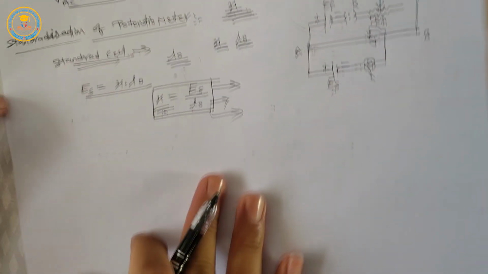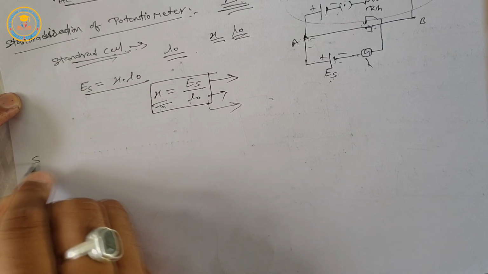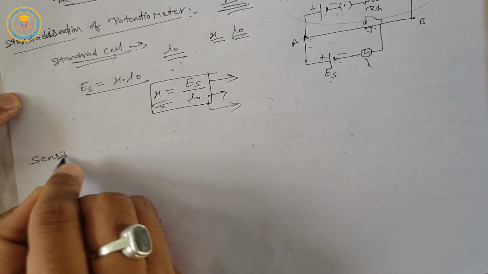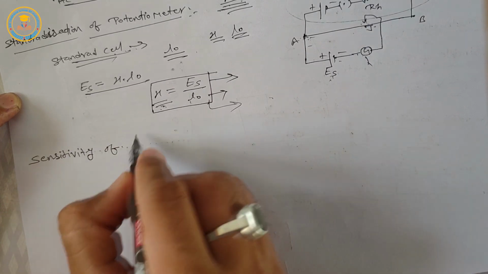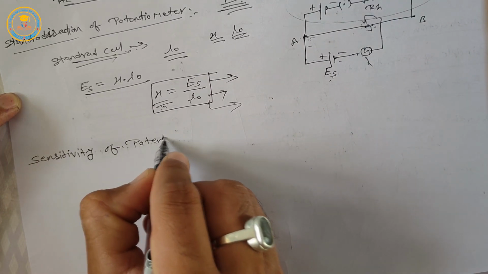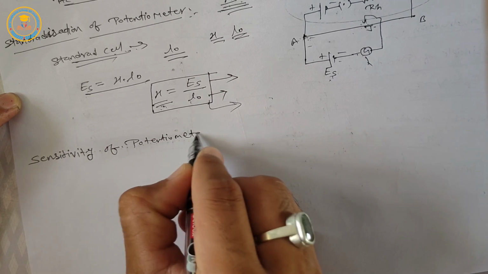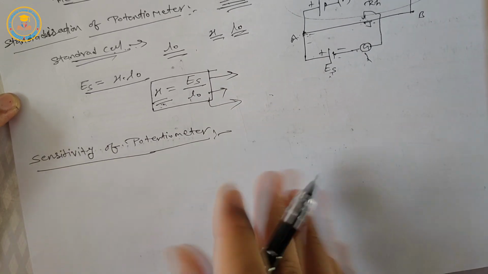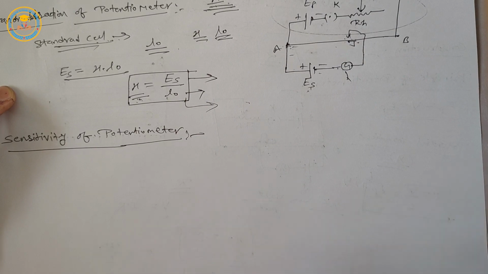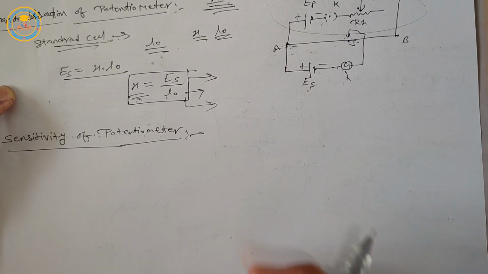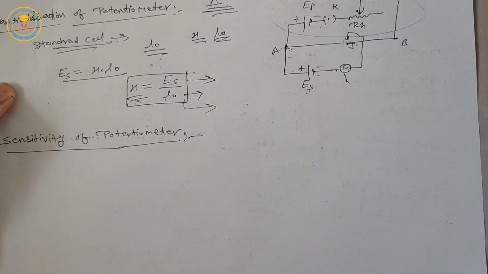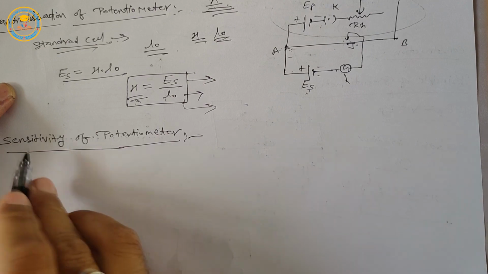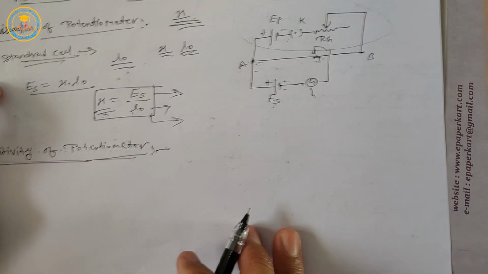Now our next topic is sensitivity of a potentiometer. What is the sensitivity of a potentiometer? The ability to accurately measure the value of a small potential difference by the potentiometer is called the sensitivity of a potentiometer.